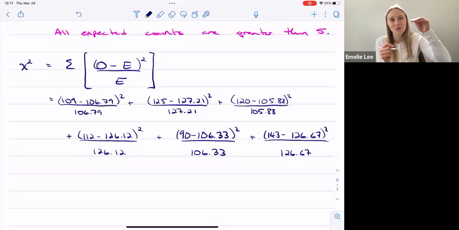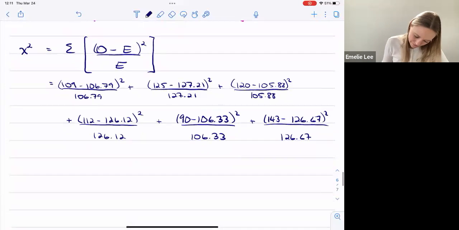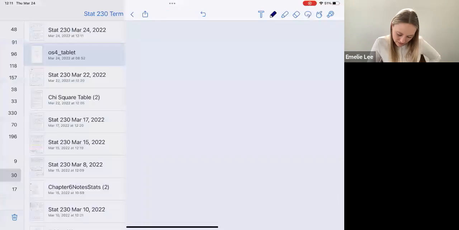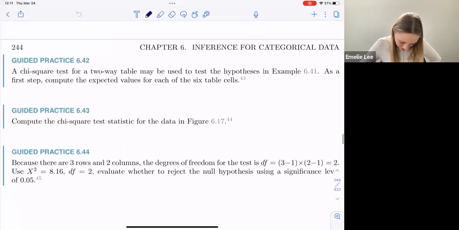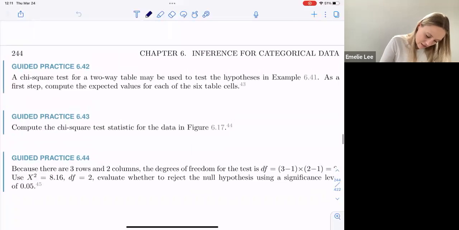You'd have your observed column, your expected counts column, and then you can just write the formula: observed minus expected, squared, divided by expected, and then find the sum. Whichever way you prefer. I am going to cheat and find the answer, which turns out to be 8.16.